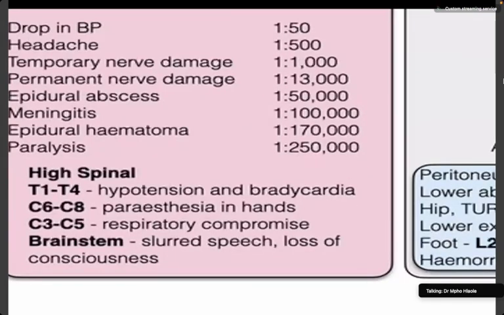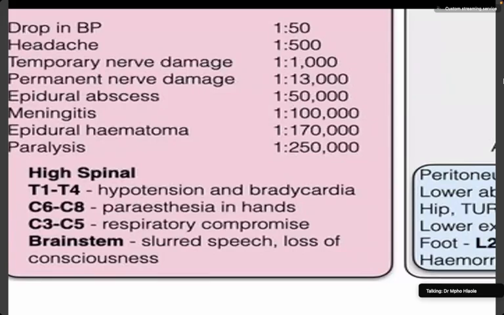So high spinal can happen where the patient has a blockage. High spinal happens if you have injected the local anesthetic into the spinal space, and it goes way higher than what you want it to go, basically. The drug goes way higher than you want it to go.